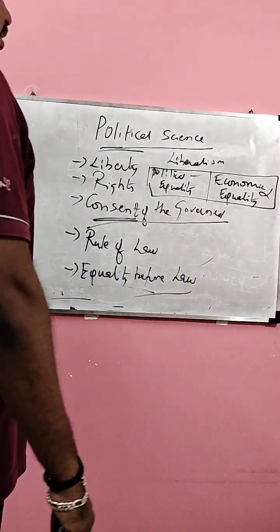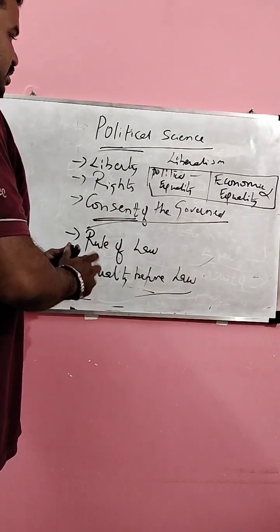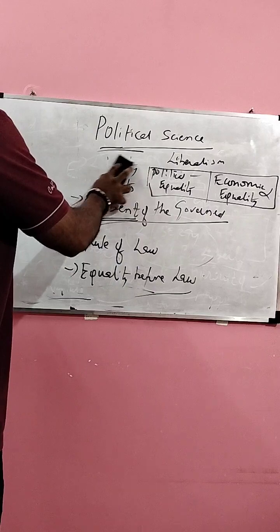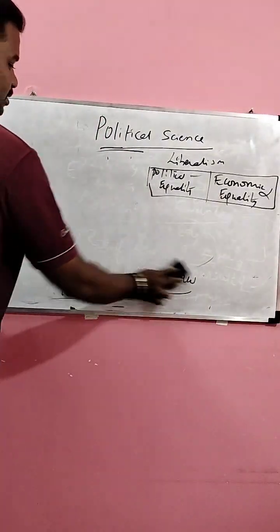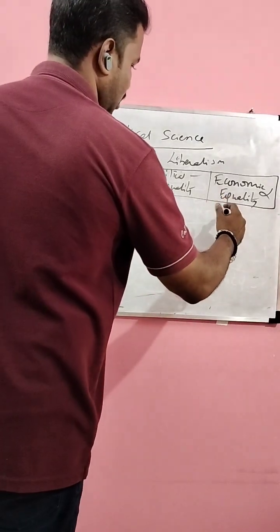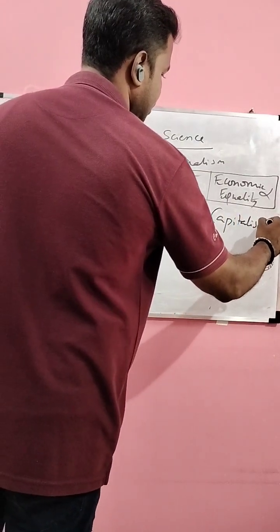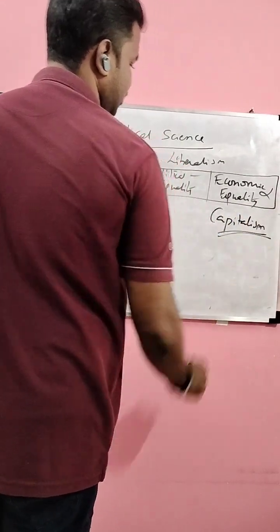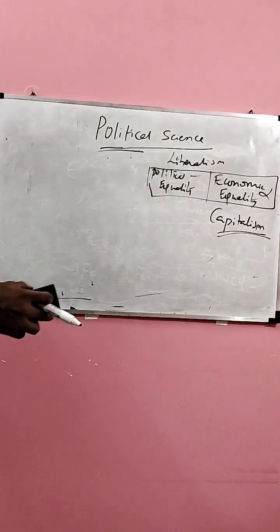Now, economic inequality is seen in liberalism. The associated institution is called capitalism. Now, how do you look at this through an institution? Capitalism as a philosophy as well as an institution is associated with liberalism.